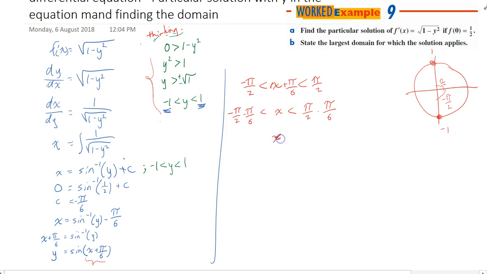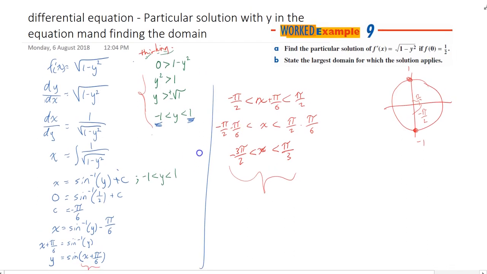All right, and that's going to give me negative 3 pi on 6 minus pi on 6, negative 4 pi on 6, negative 2 pi on 3. And 3 pi on 6 minus pi on 6, 2 pi on 6, which is pi on 3. Okay, and that's our domain for this equation, or that's the largest domain for which this applies.